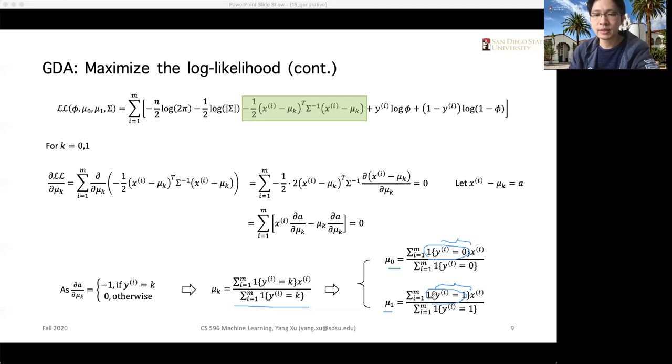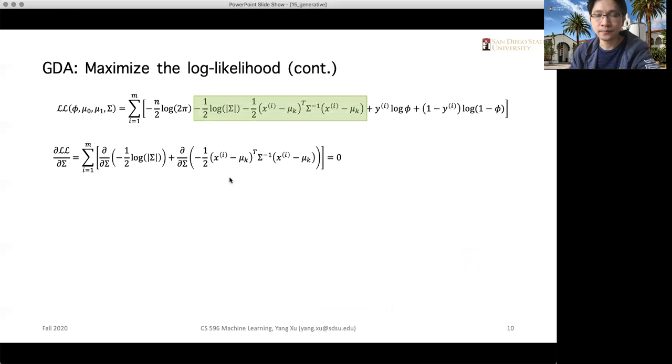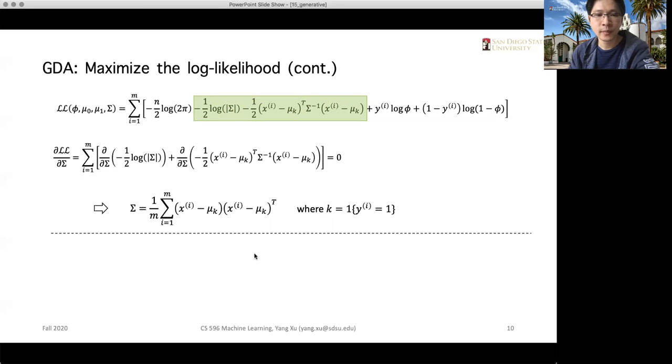So the mu 1s and mu 0s can be easily estimated, and so can the covariance matrices. It should be the weighted summation, so it's the variance among all the data points that belong to certain labels.